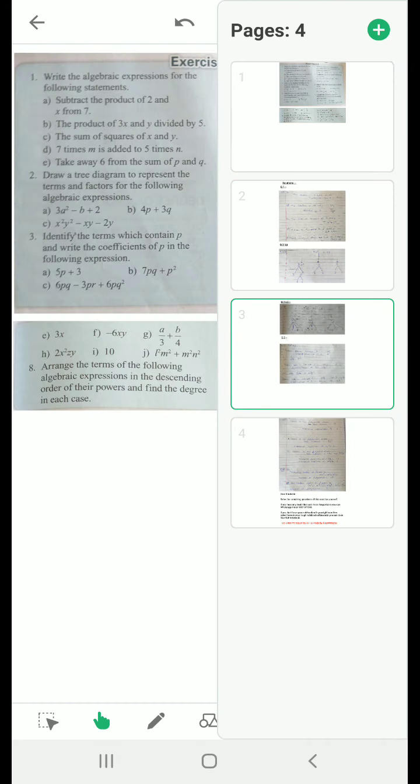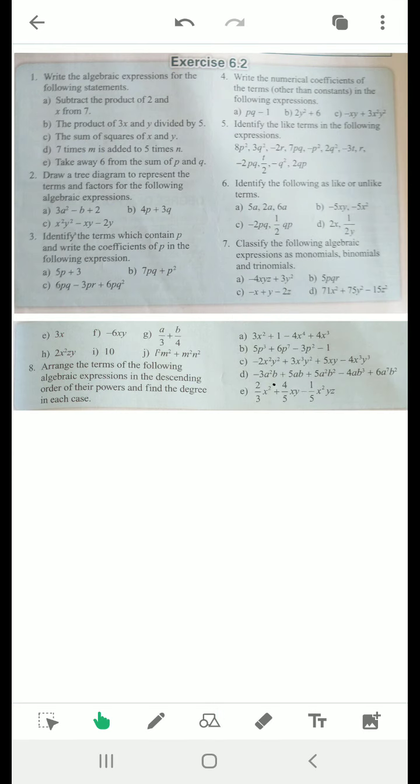Now next I am going to explain question number 4. Write the numerical coefficient of the terms other than constants. Now it is numerical coefficient. In the numerical coefficient, we are writing only the number. We are not writing all the other things like we did in the previous question. We have to write only the numbers, only the numerals.